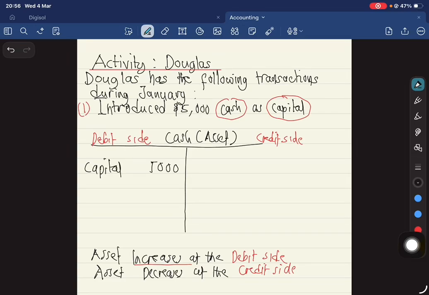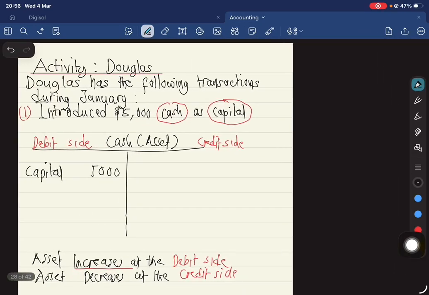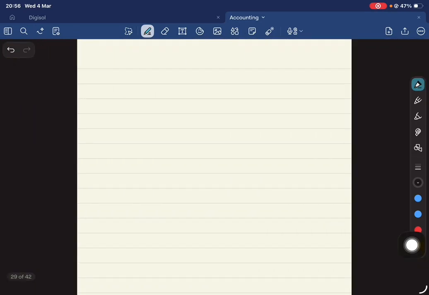Now let's tackle the second account, which is capital. I believe you all know the meaning of capital. Capital is the money the owner has invested into the business.